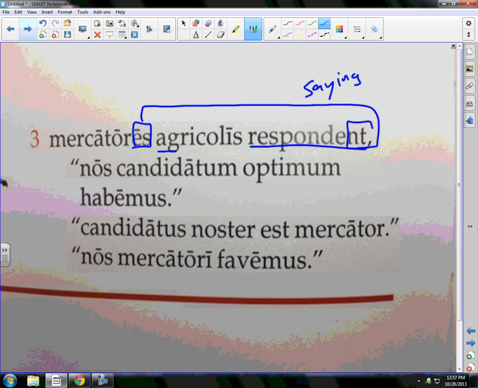Now I've got this guy right here, agricolis, with an IS. I'm guessing that since my dative endings are AE, IS, O, and IS, or I and IBUS, this IS could possibly be a dative. I have a verb of saying. It could possibly be an indirect object.